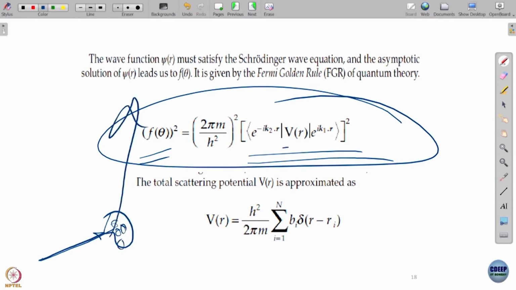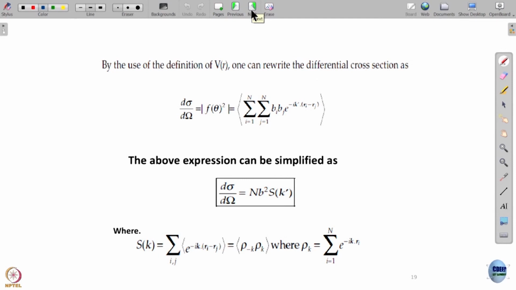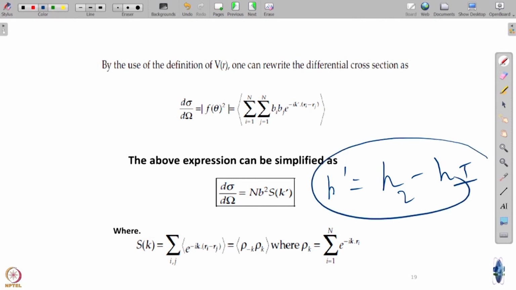That is given by the scattering potential V(r), which is the interaction of the neutron with particles at positions r_i, a sum of delta functions over R minus R_i, the kind of thing we discussed before. This can be transformed by fairly simple algebra, using the delta function representations, and one can show that the scattering cross section is connected to k, where k is written as k_2 minus k_i, which we will just call k later.